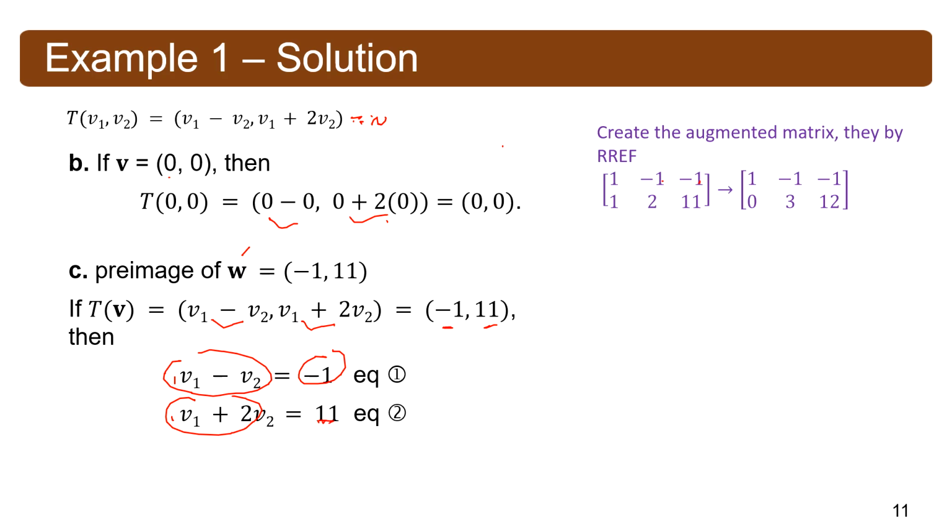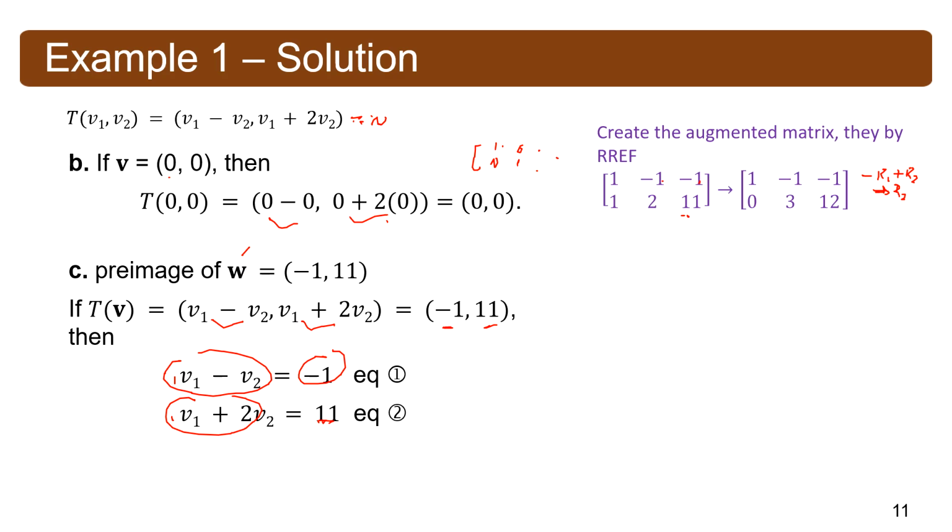It has to be reduced to the identity, 1, 0, 0, 1, and then whatever the result is here. By using the rule, you just subtract: you get negative R1 plus R2 for the new R2. That gives you 0, 3, and 12.